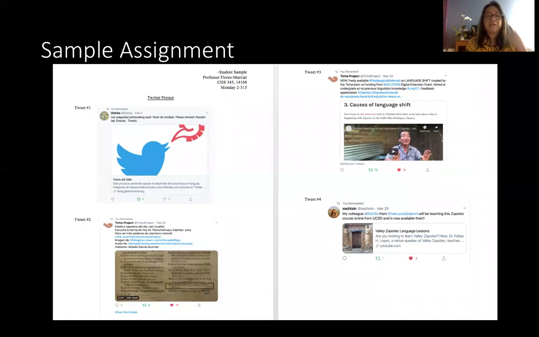Here is what the assignment looks like at the end of the semester after 15 weeks of engagement. Again, during the 15 weeks, students can like, they can retweet, they can ask questions, they can engage in different ways with the content. And then at the end, I asked them to look through their tweets and the content that they engaged with and select 5 that they felt were particularly meaningful.